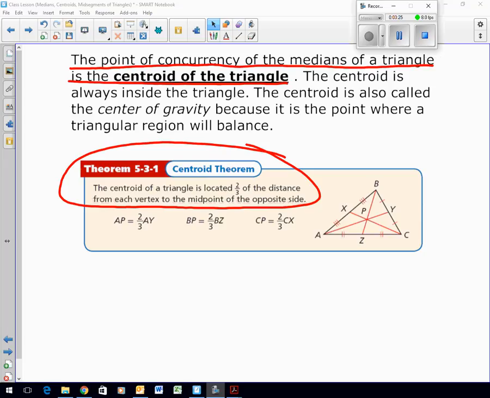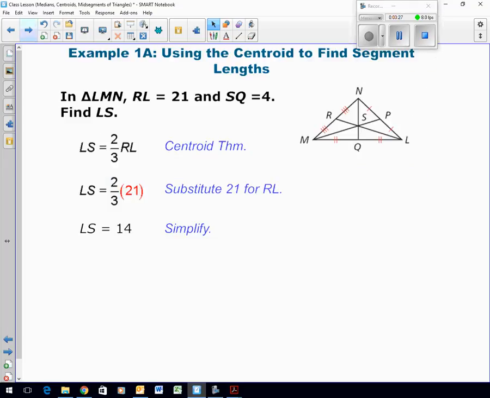Let me give you another example here. Don't write this down, just look up here. It tells me R to L, the whole thing, is 21. What is the distance from L to S?